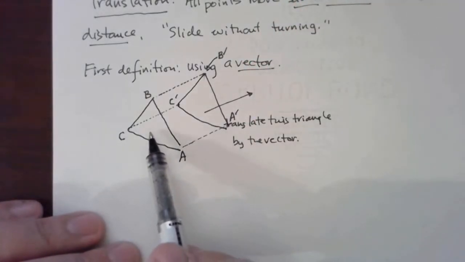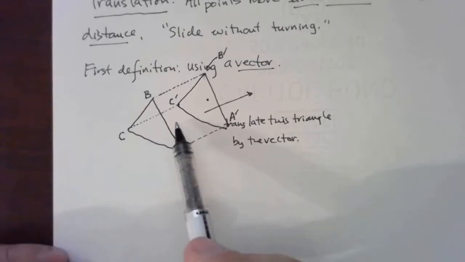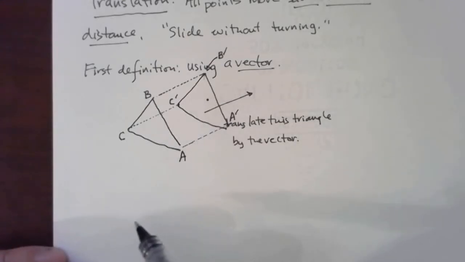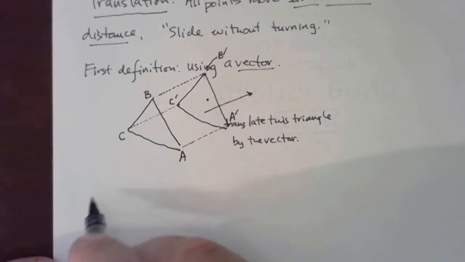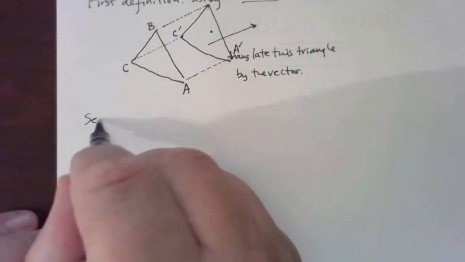So I start with triangle ABC, and I have my image triangle A prime, B prime, C prime. So that's one way to define a translation, is by drawing a little arrow that's a vector. It gives direction and distance.